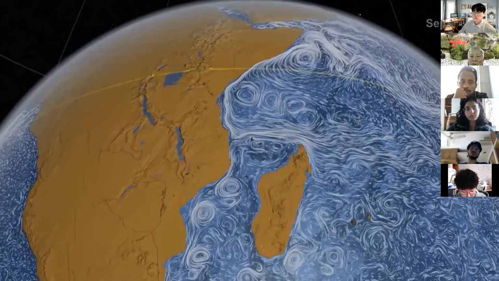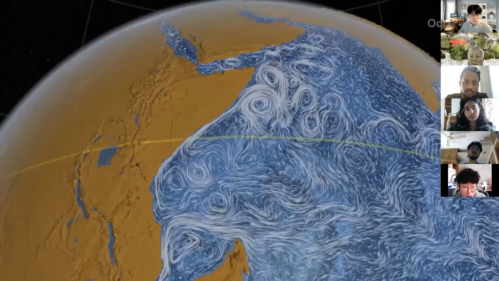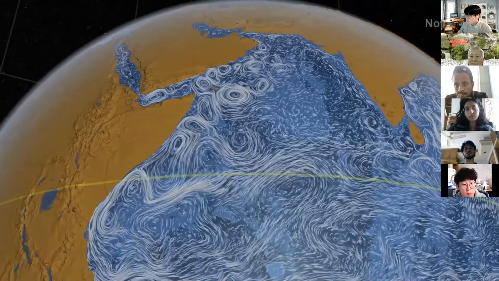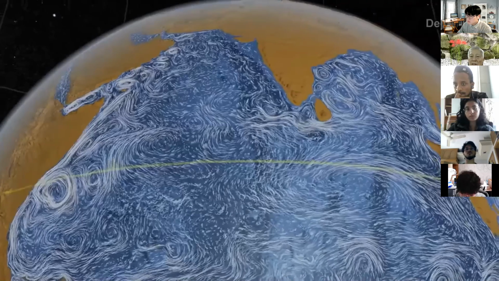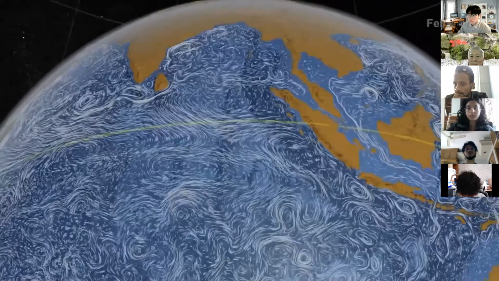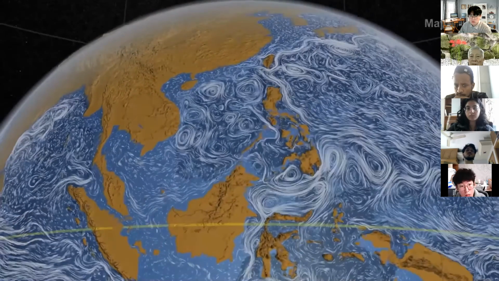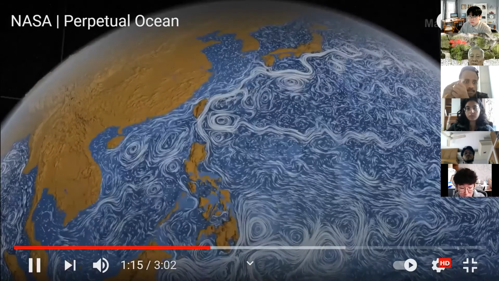Going up toward the Middle East, Saudi Arabia, India, Southeast Asia, including Indonesia, Vietnam, Philippines, and it comes up with Japan and Korea.